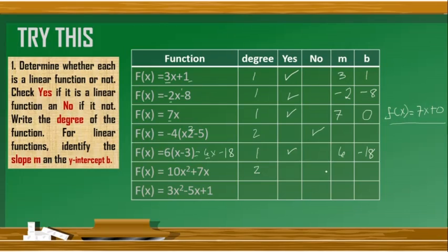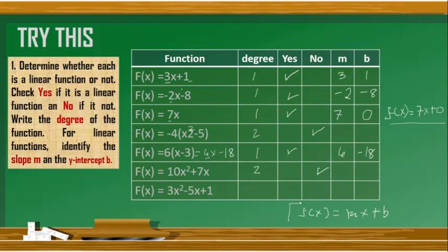So if the degree is 2, that is not a linear function. Remember that a linear function has a highest exponent of 1, and it is written in the form of f of x equals mx plus b.